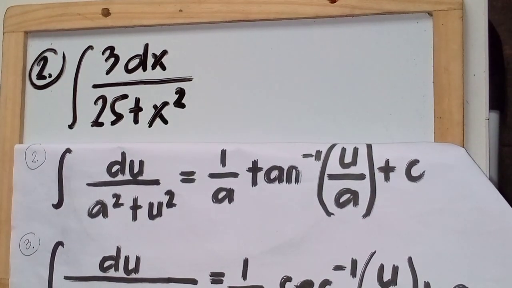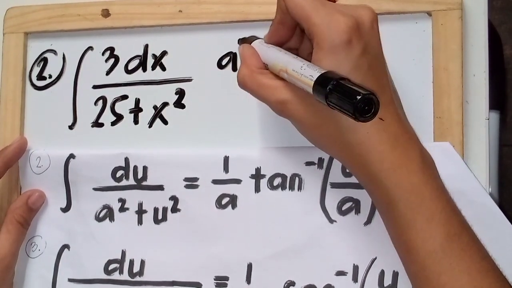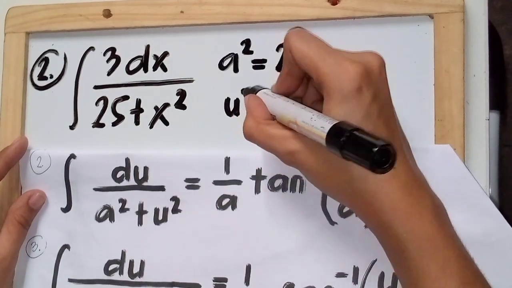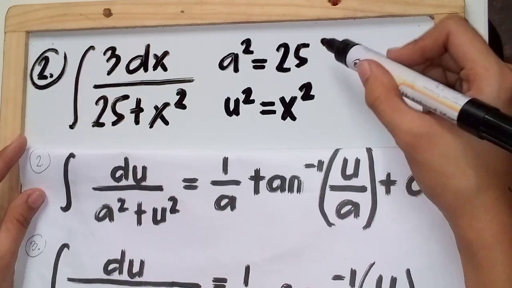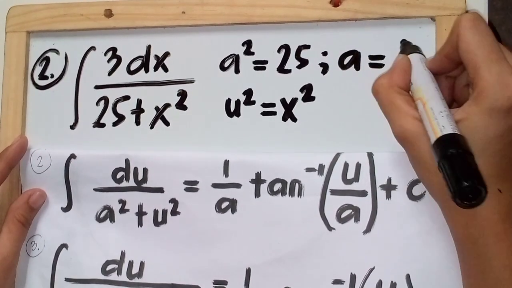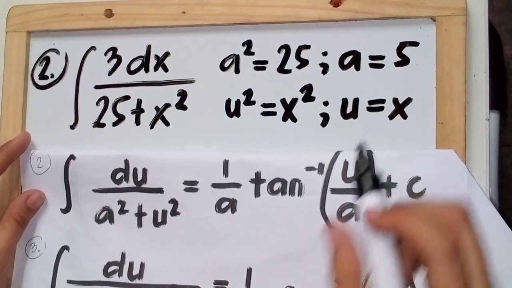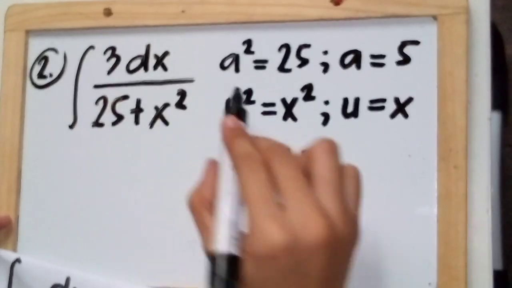So we're going to write the given. Our a squared is 25, and our u squared is x squared. We're going to square root both sides to get a is equal to 5, and u is equal to x. Our du here is 3 dx.